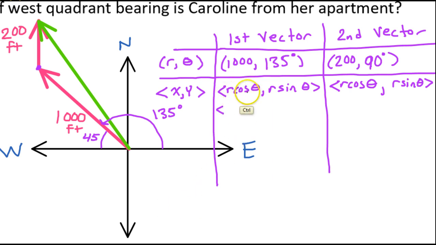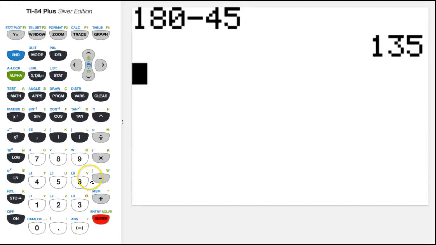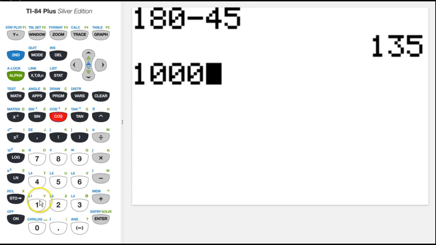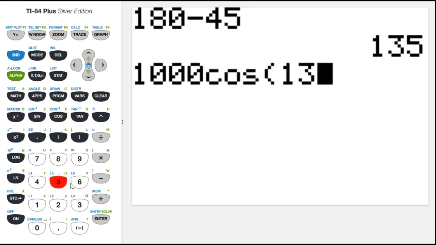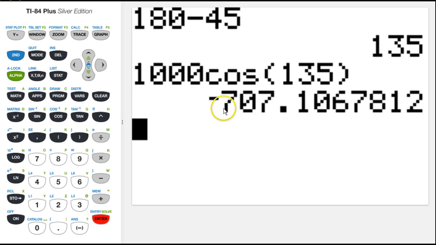R cosine theta, we're talking about 1,000 cosine 135. So I think I'll go straight to the calculator. r cosine theta is 1,000 cosine 135. That gives me negative 707.1.